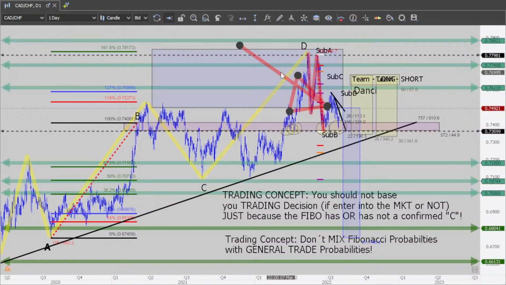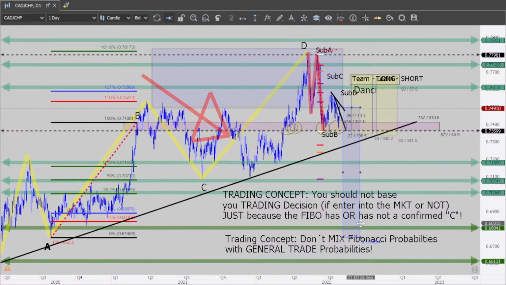Nancy says, because of the market wave, we can put stop loss below the C. Don't mix apples with bananas, but I understand what you say. Nancy is saying, well, I cannot put the stop loss below the A, but I can trade another pattern. I can trade the market wave, the yellow one.